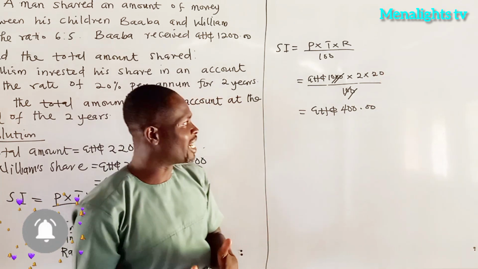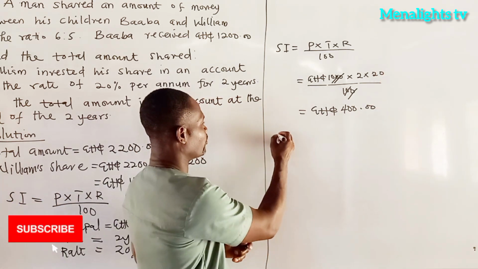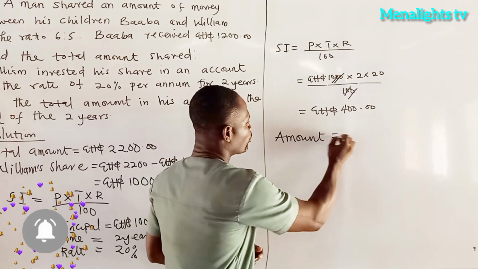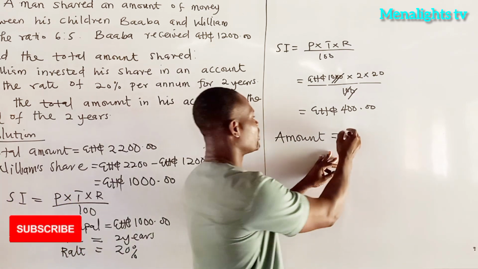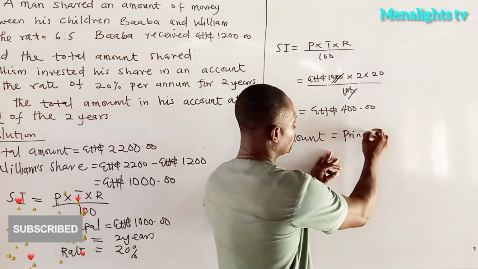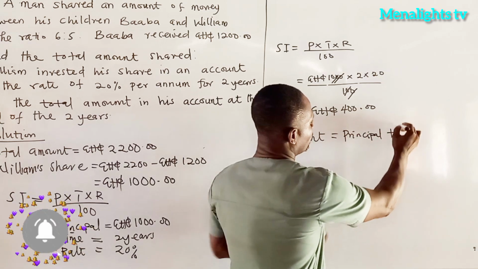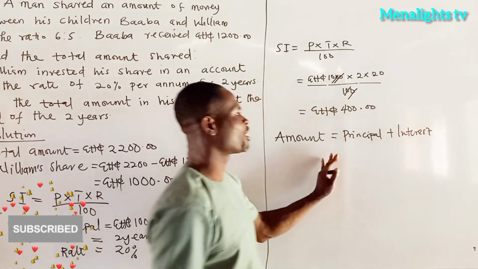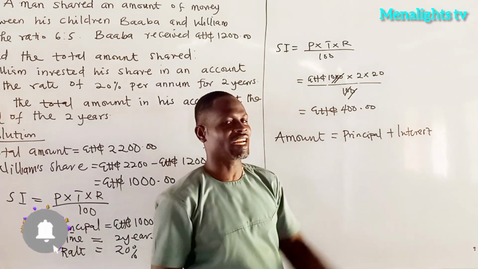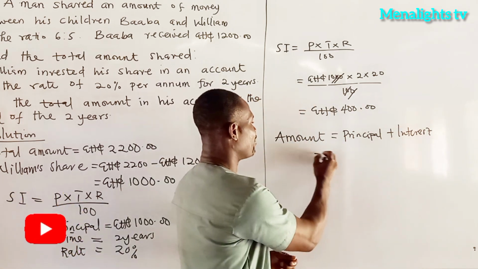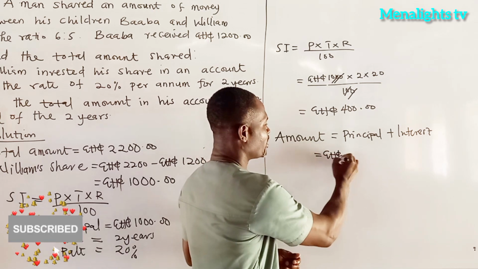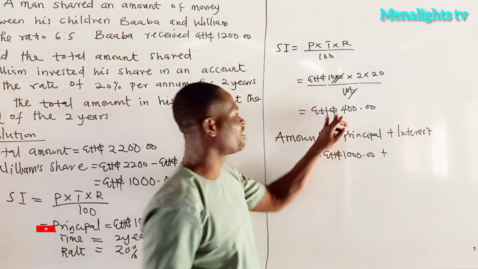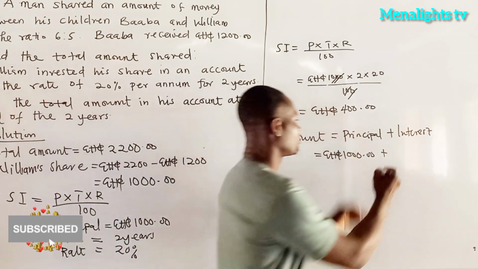So after 2 years, how do we find the amount? So the amount is equal to the principal plus what? The interest. So the principal is the amount that he invested, which is 1,000 cedis, plus the interest of 400 cedis.